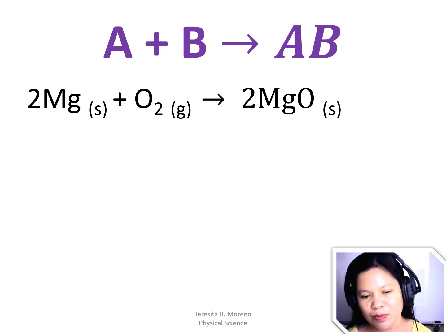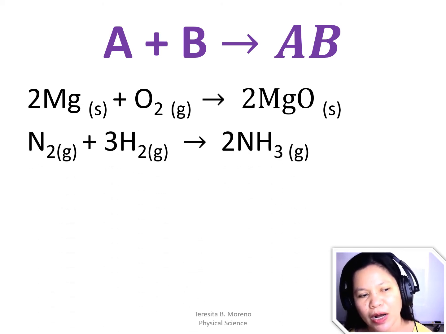So that means we balanced already the equation. To check whether it is balanced, how many magnesium do we have? Simply multiply 2 times 1, you have 2. Here also 2 times 1 is 2. Oxygen is 2, 2 times 1 is 2. So therefore it is balanced.